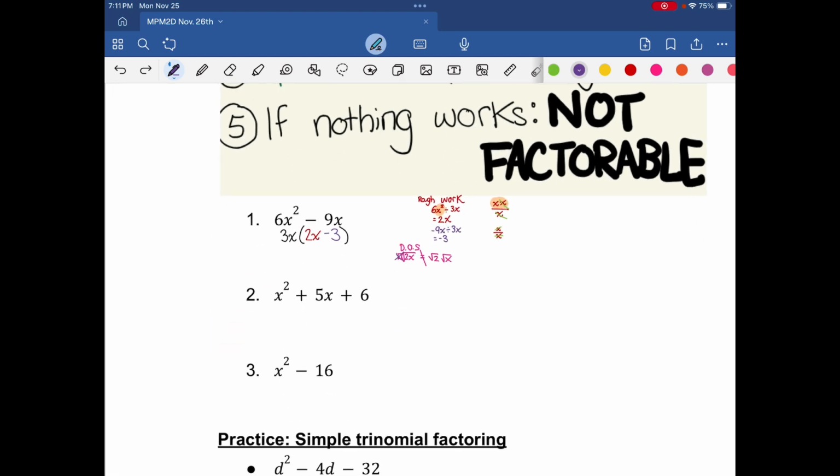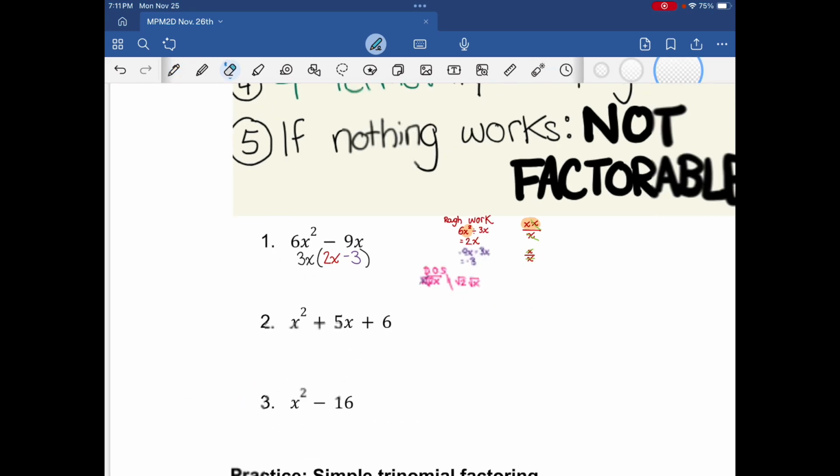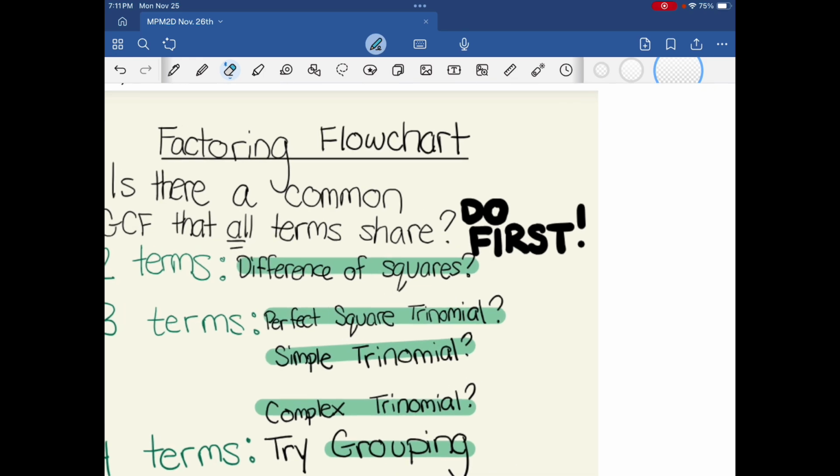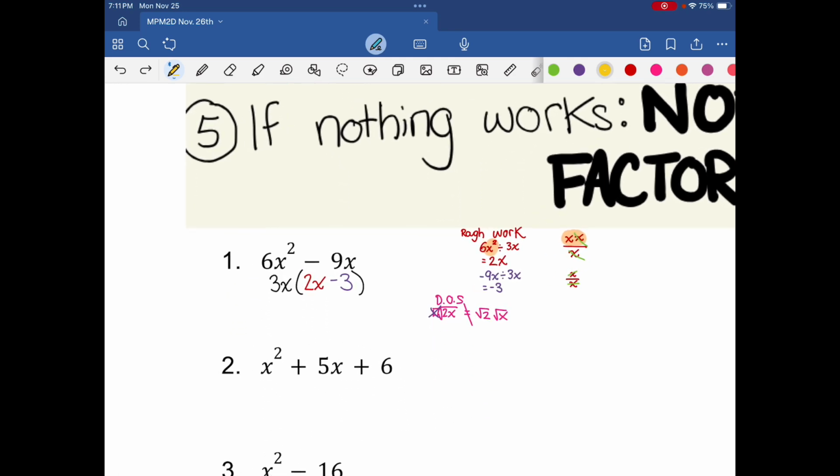So, next thing we're going to do, how many terms are there? 1, 2, 3. Okay, so 3 terms. That means it could be a perfect square trinomial, a simple trinomial, or a complex trinomial. What do you remember about it?